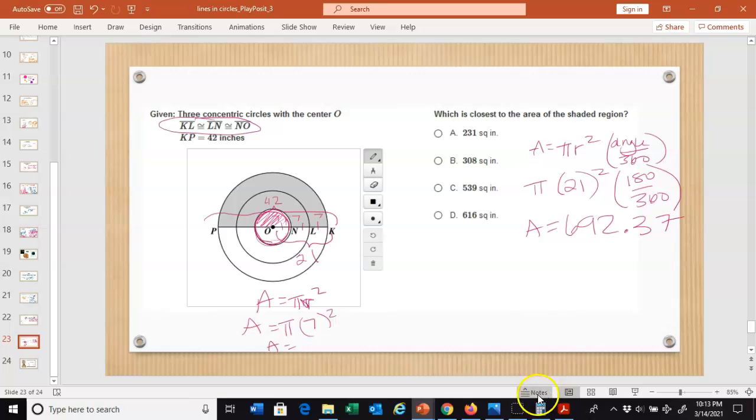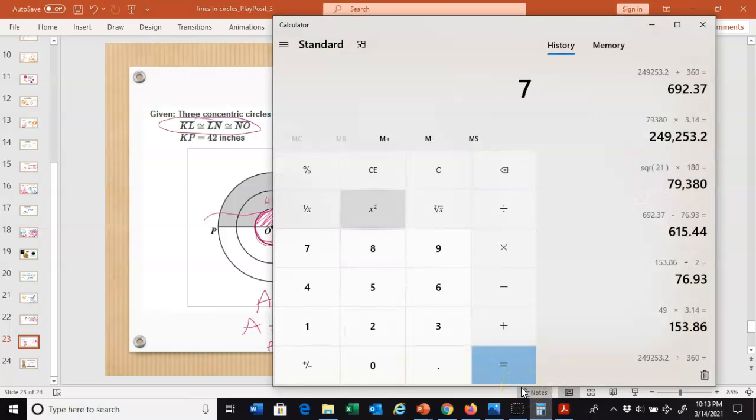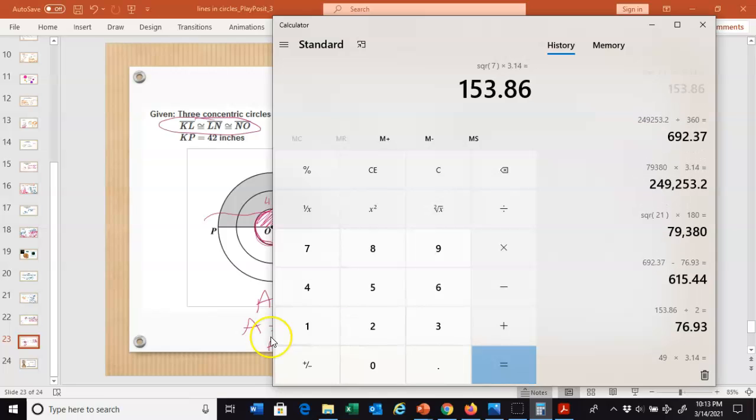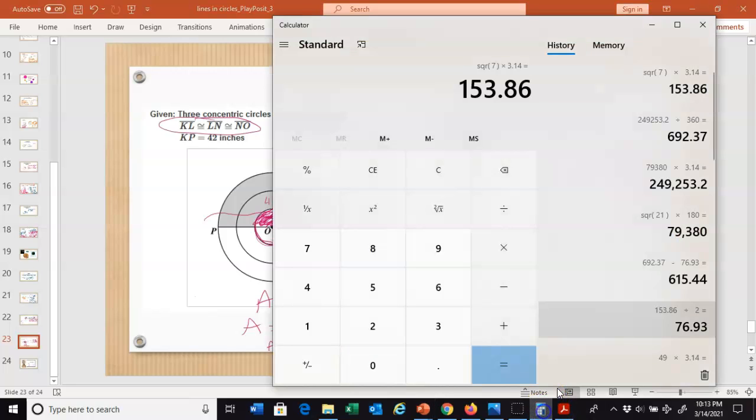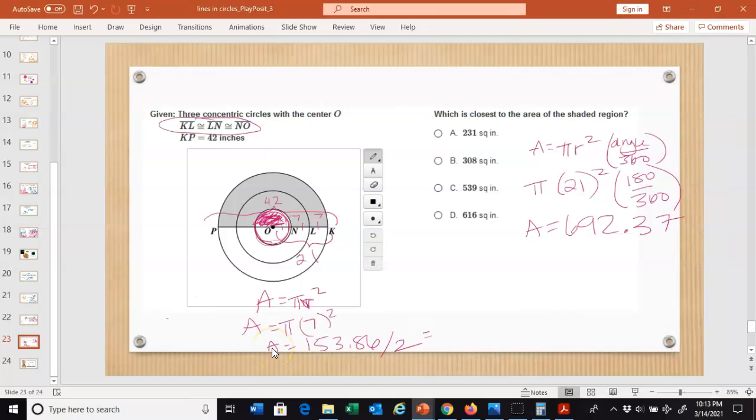So what is this? 7 squared times pi. 153.86. That's the entire little circle. But we only want to subtract out half of it, right? This little piece. So divide that by 2 and see what we need to subtract out. 76.93.